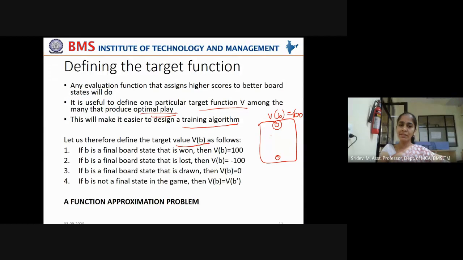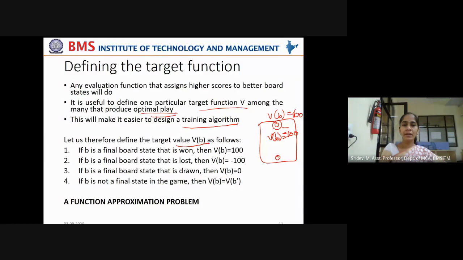Now, if B is the final board state that is lost, then that should not be an optimal move. That should not be the move that has been selected. In that case you can assign some weight, minus 100, because that is not the correct move, because it resulted in losing the game, right?